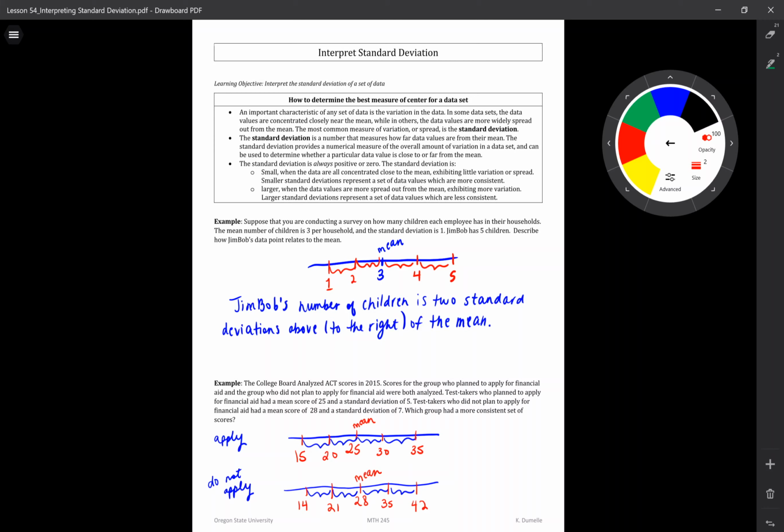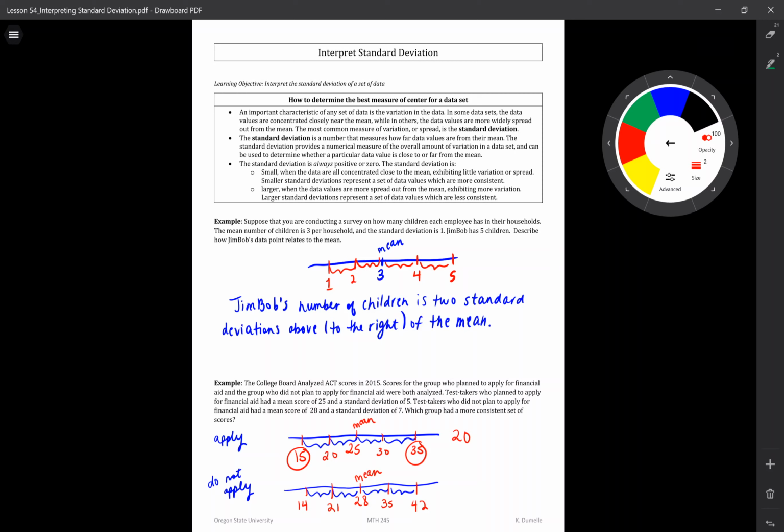We can see that because the standard deviation for those who plan to apply for financial aid was smaller, the spread of data is a lot smaller. In both of these, I went 2 standard deviations above and below. If I take this number 15 and this number 35, the difference is 20.